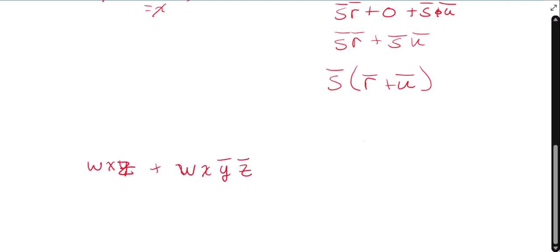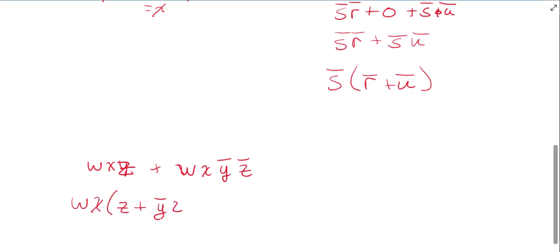Alright, so let's see, what can I do here? I'm going to factor out a WX. And now I see I've got something, or its complement, ANDed to something.